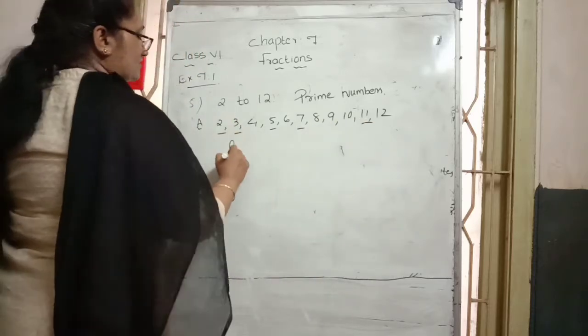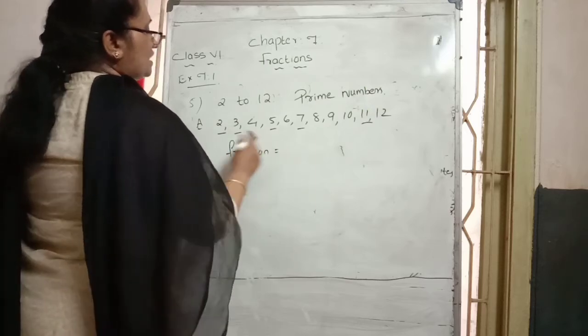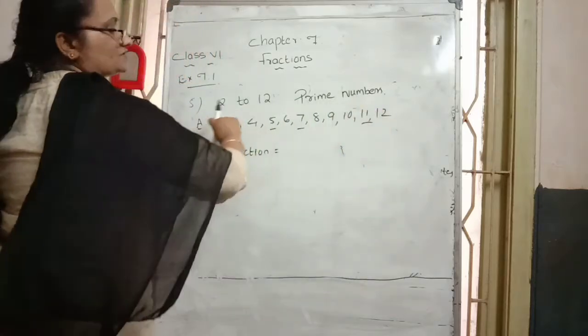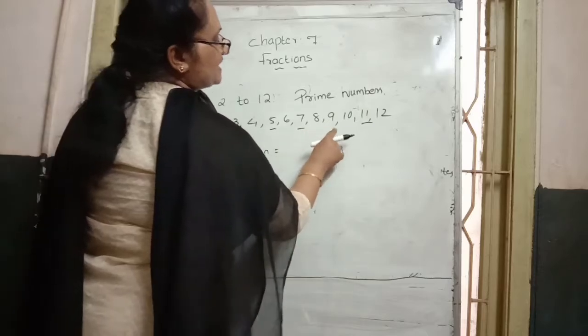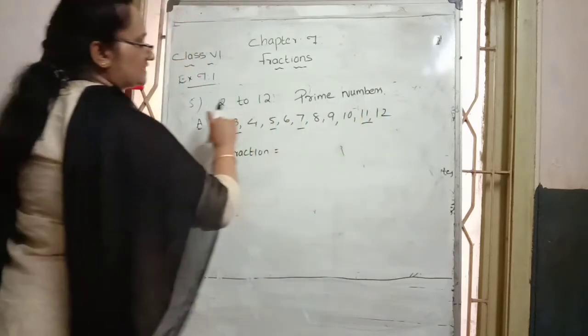So how can we represent them as a fraction? Total how many numbers are there in this pattern? 1, 2, 3, 4, 5, 6, 7, 8, 9, 10, 11 numbers are written there.